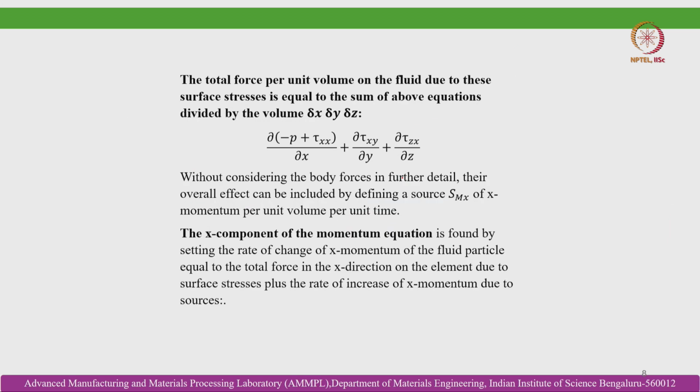If you correct it, the final expression becomes ∂(minus p plus τxx)/∂x plus ∂τyx/∂y plus ∂τzx/∂z. Without considering the body forces in further detail, their overall effect can be included by defining a source SMx of x momentum per unit volume per unit time.